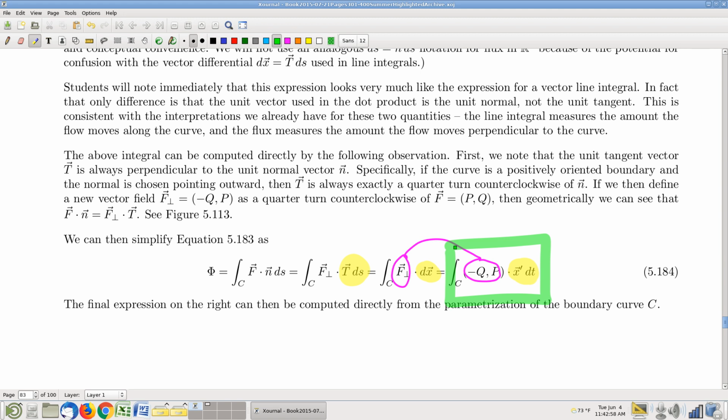Right? Vector field dot dx. I can pull back through a parameterization as something dot x prime dt. Regular old vector line integral. All I had to do to make this work out is take the original vector field and turn it 90 degrees counterclockwise, rewrite P comma Q as negative Q comma P. And now you can compute fluxes through curves. So, clever little observation there. Thought I'd point that out.